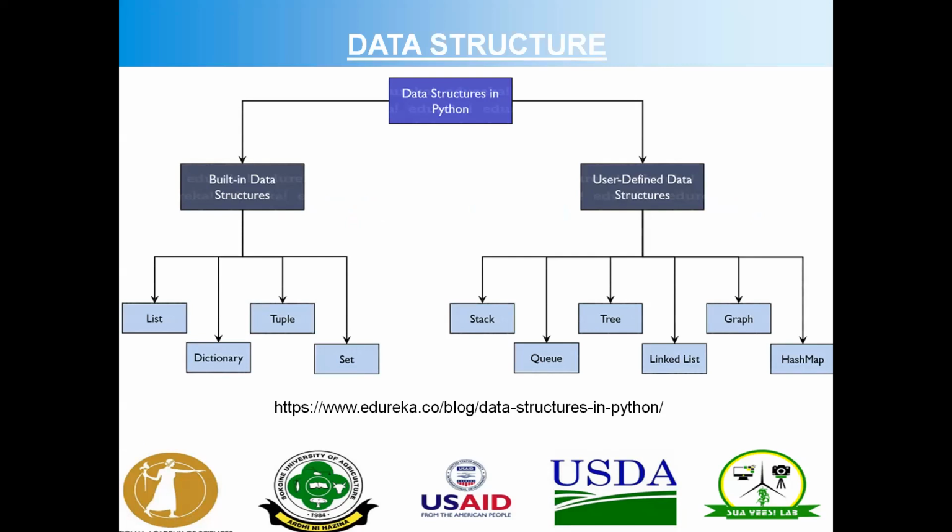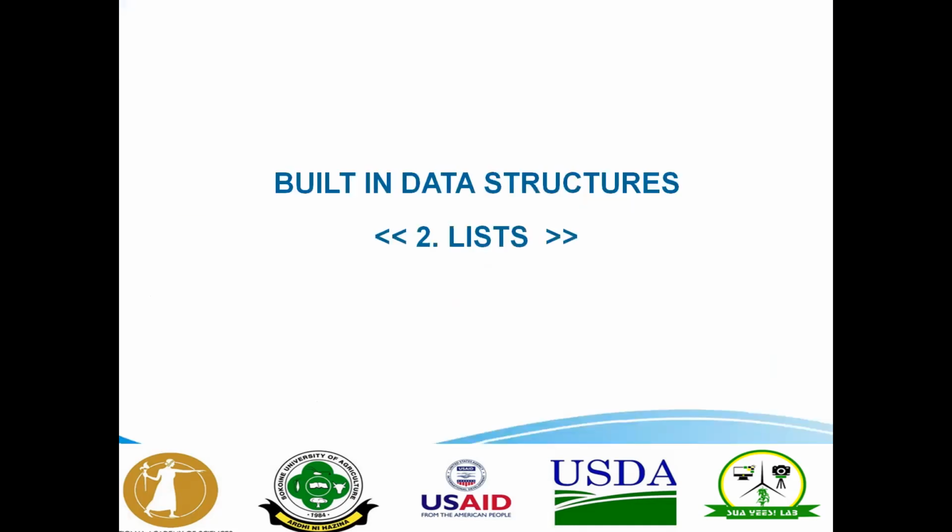The first group is the built-in data structures, and the second is the user-defined data structures. Among the built-in data structures, we have the list, the dictionary, the tuple, and the set. Among the user-defined data structures, we have the stack, the queue, the tree, the linked list, the graph, and the hash map. Of course, you can refer to this image by following the link shown below.